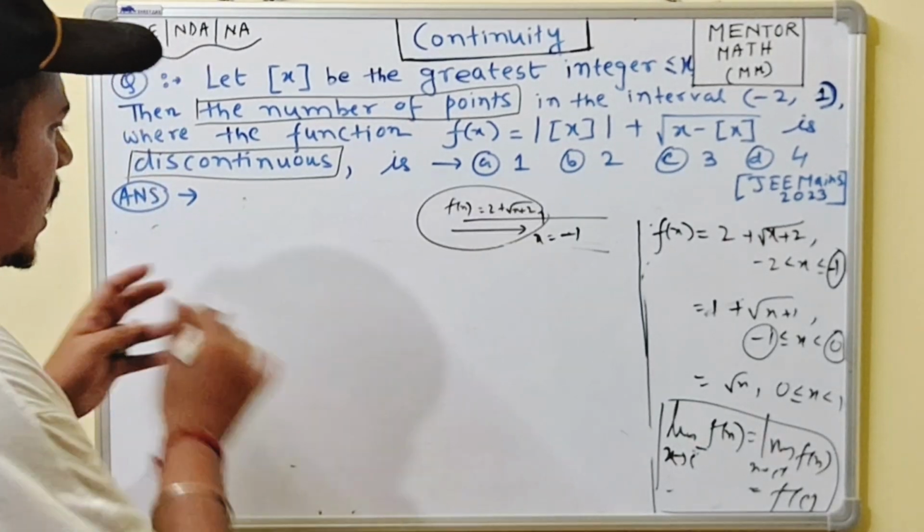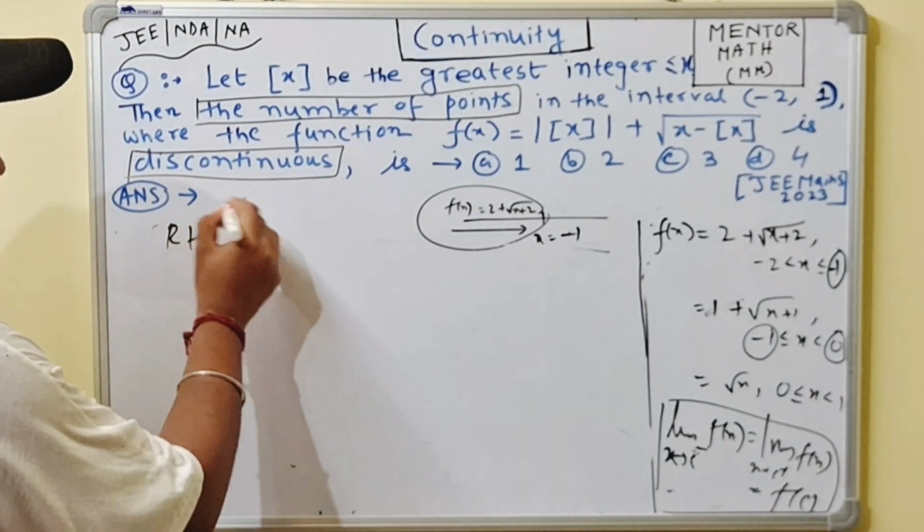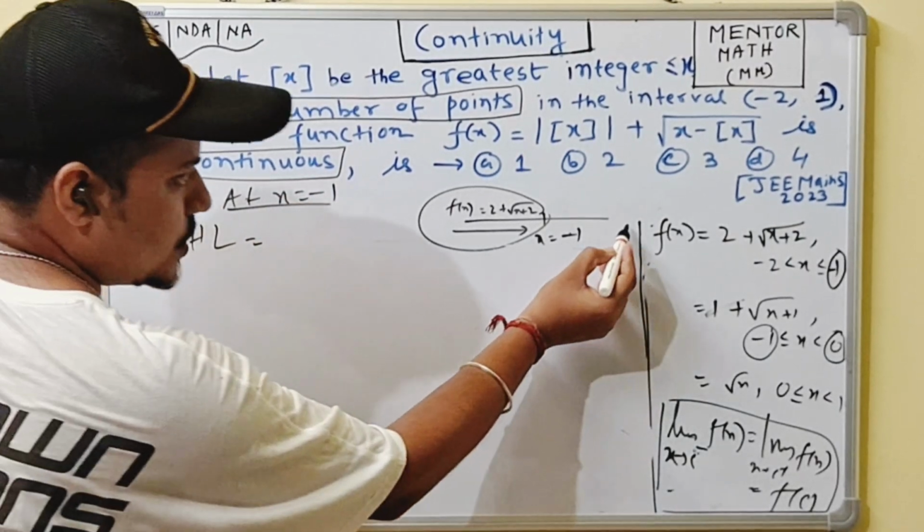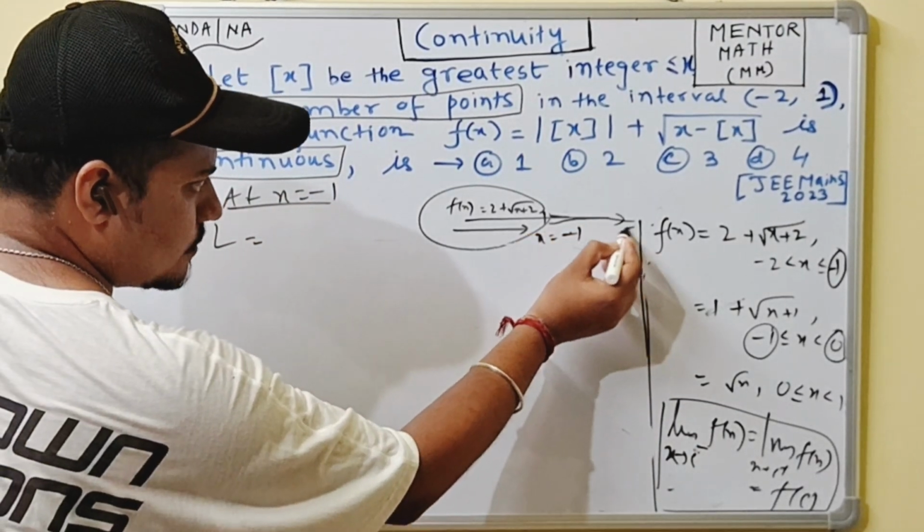Note please. Now comes to your right hand limit for x equal to -1.